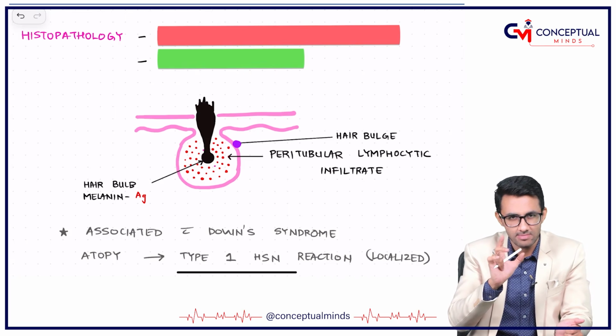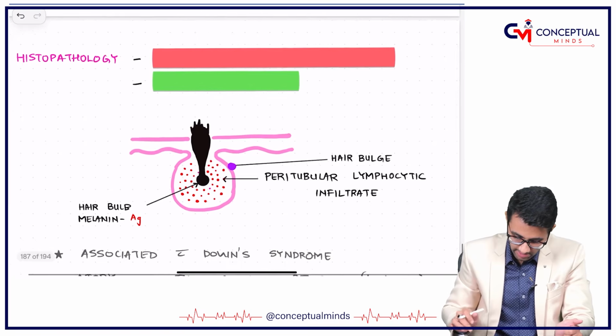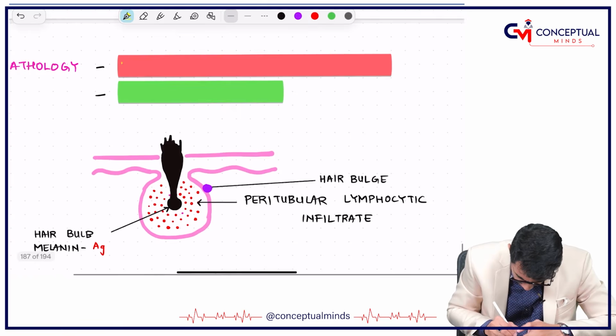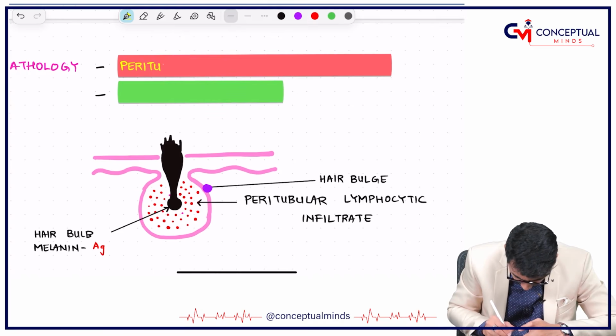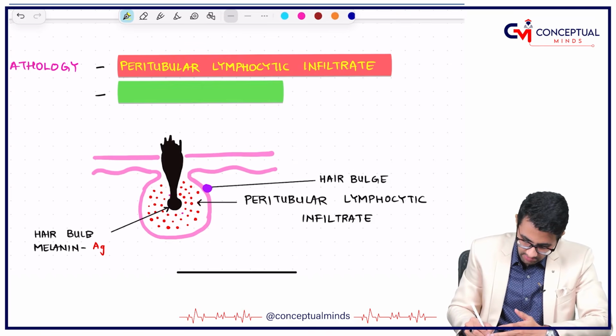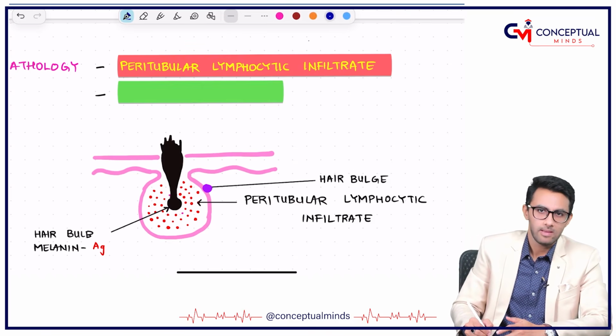Okay, all right. So two histopathological findings are a must for us to remember. We have the peritubular lymphocytic infiltrate, and the next one was the swarm of bees appearance.